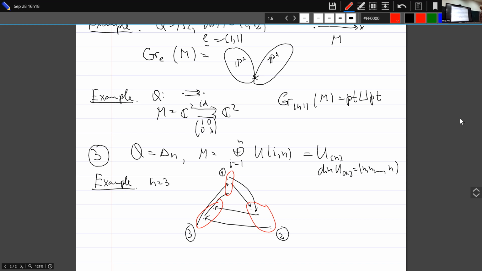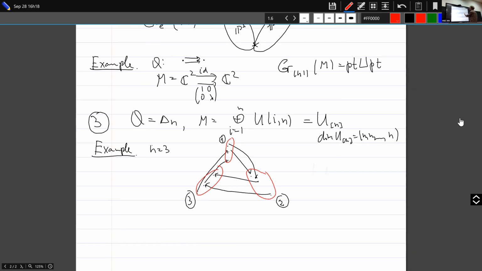And these are the maps between these 3-dimensional spaces. So you can see that the rank of each map is 2, so we have a 1-dimensional kernel at each vertex, and the representation looks like this.